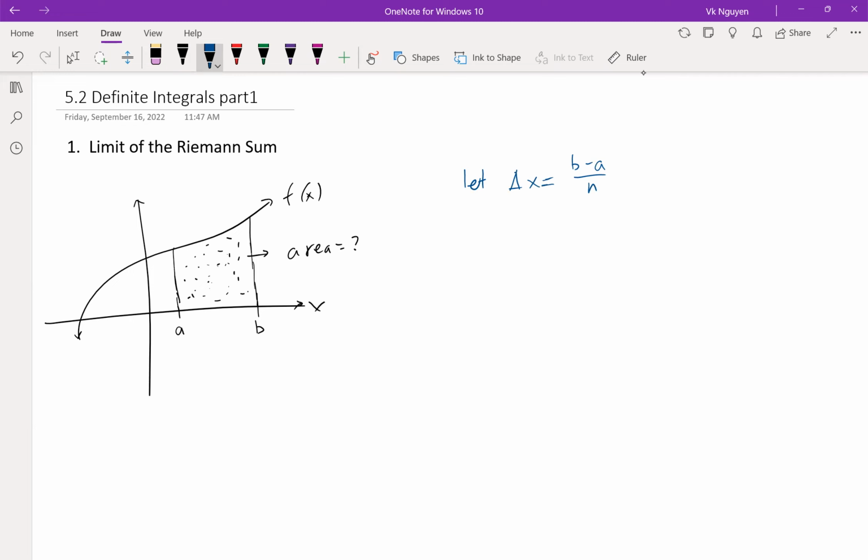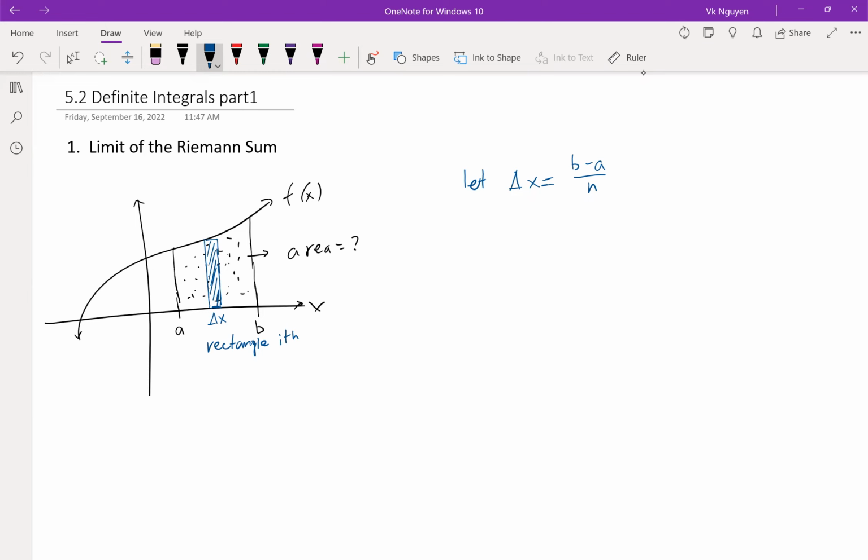So for a particular rectangle, it will look like this. The width would be delta x. Say height.